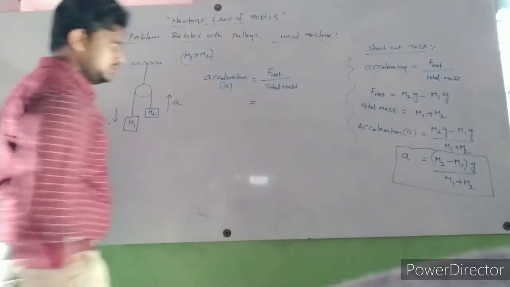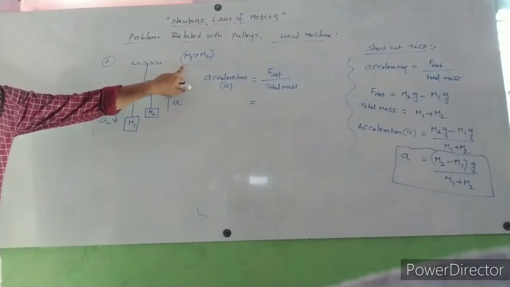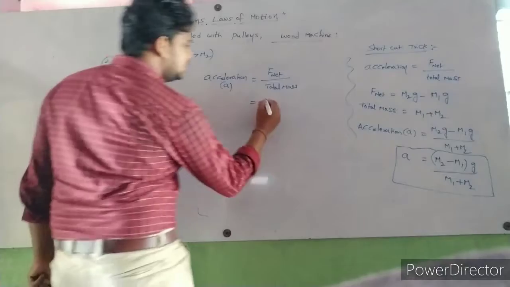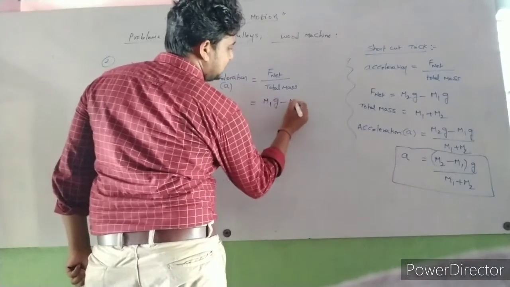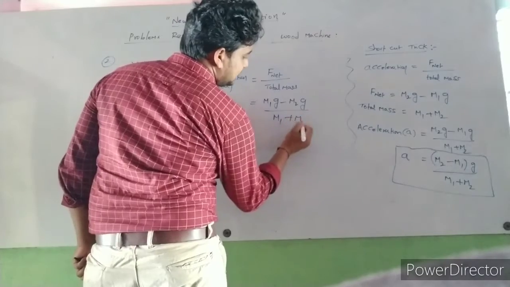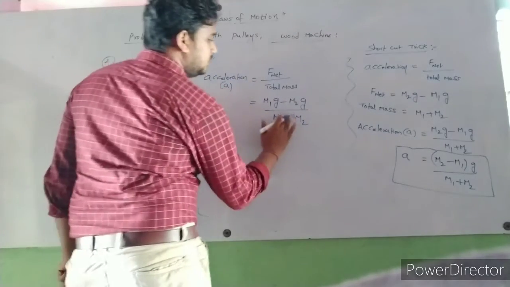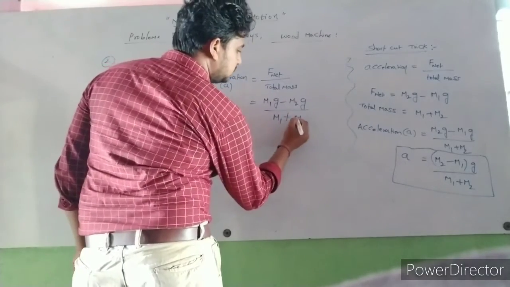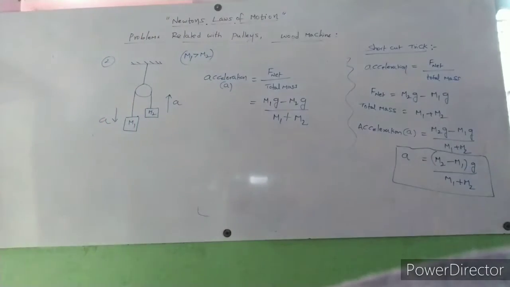How to find net force? Here M1 is greater. That means M1g minus M2g, by total mass M1 plus M2. So this is the acceleration here.